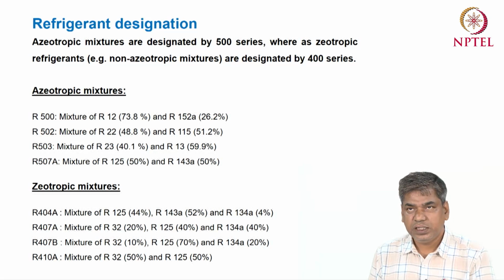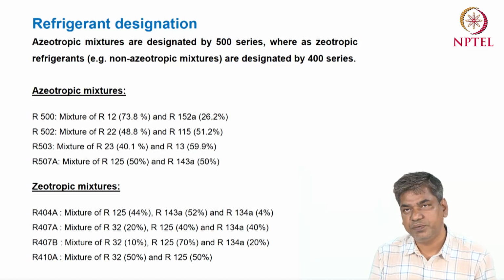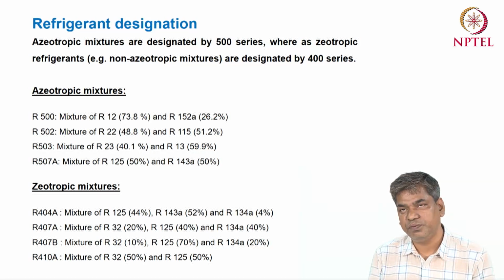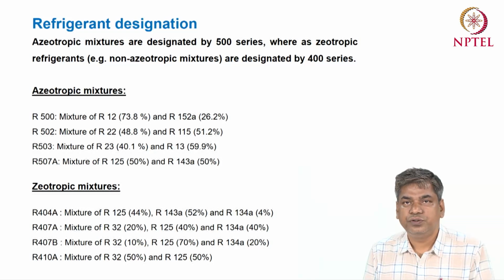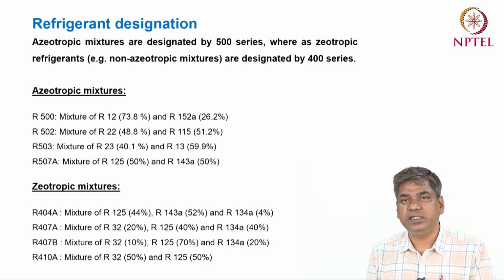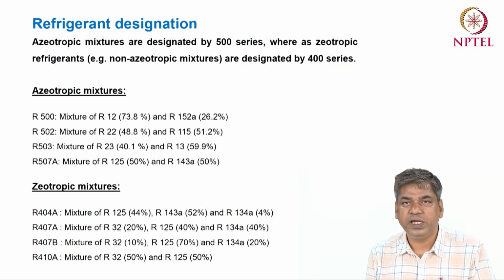Then I am coming to refrigerant mixtures. For azeotropic mixtures, as I have told, an azeotropic mixture behaves just like a pure refrigerant. So for this case the 500 series is used. Like R500, that is a mixture of R12 and R152A.